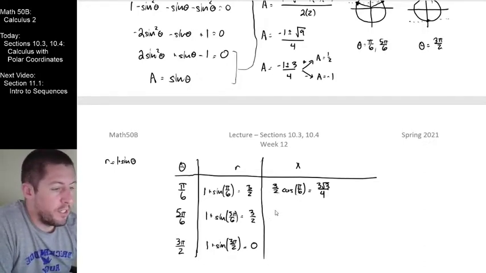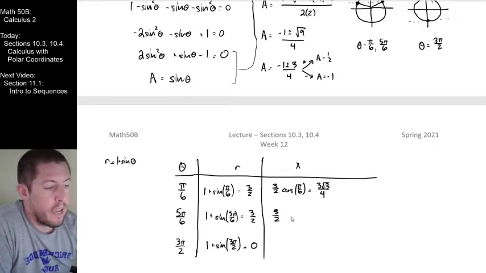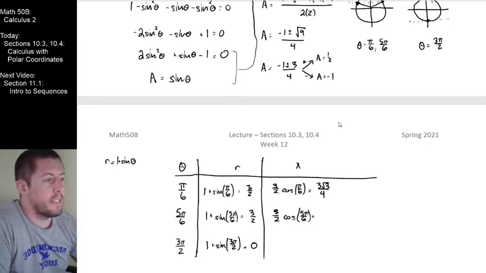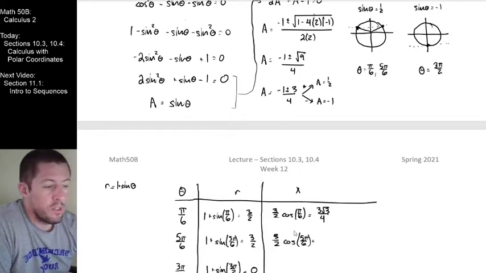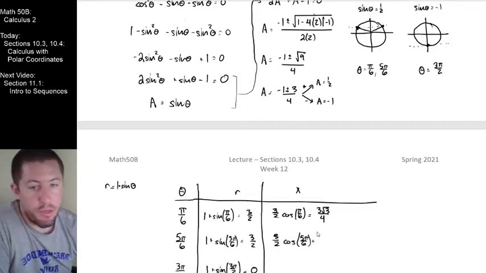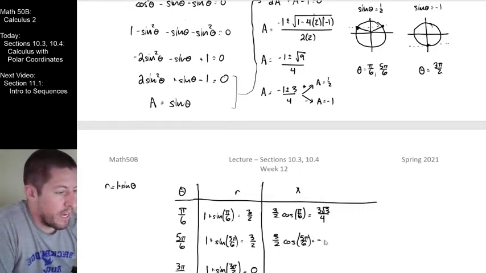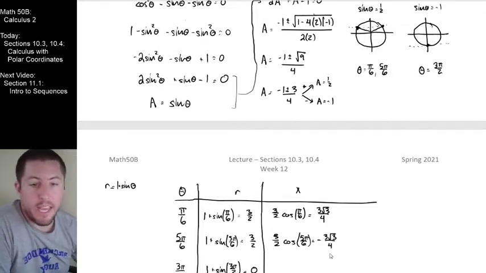Similarly here, the radius of the second point is also 3 halves times the cosine of the angle for the second point, which is 5 pi sixths. I'm recognizing that 5 pi 6 should have a matching term as the pi 6 did, but the cosine is measuring left-right. So I'm actually going to get a negative of that same number. So cosine 5 pi 6 should be negative root 3 over 2, and therefore I'm going to get a negative 3 root 3 over 4 when I do that multiplication.